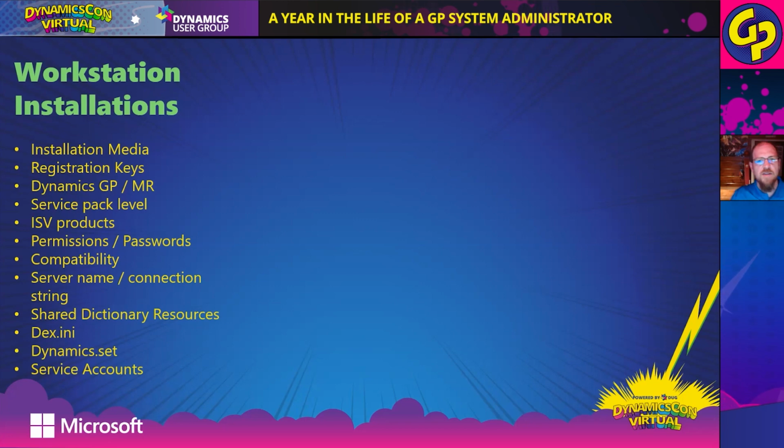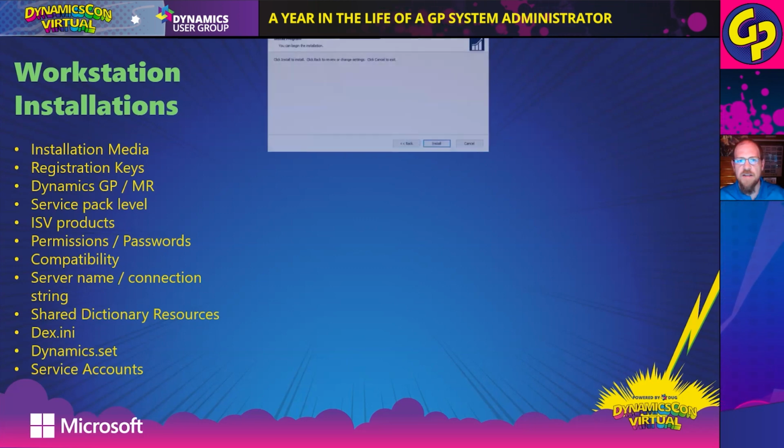Make sure when you're done installing the workstation itself that you configure it to point to the shared reports dictionaries, right? So they can see the modified check and the purchase order and the sales invoice with your logo on those. The dex.ini is also a configuration file that adds some real value to Great Plains by configuring some default settings as well as affecting some of the behavior. Follow up with that in a second.